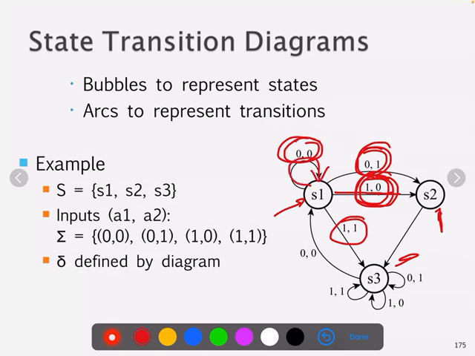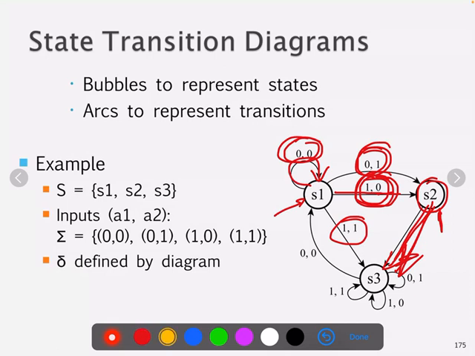Similarly, for the transition from S2 to S3, there are no inputs needed, because whenever the operation comes to S2, by default it transitions to S3.